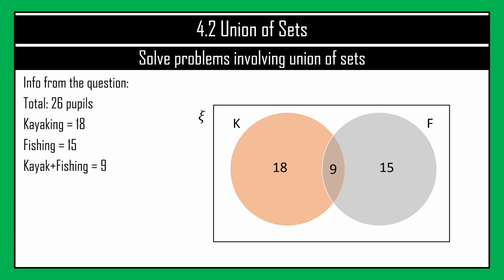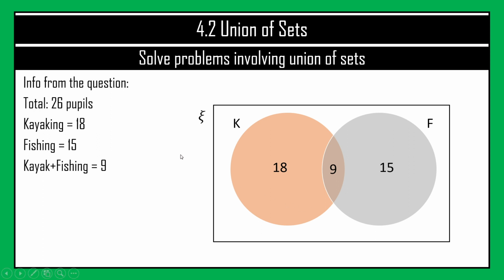But we do know that 18 actually represents the whole circle for K, and 15 means the whole circle of F. So the figure is not right. So we need to readjust so that it is correct at their own section.